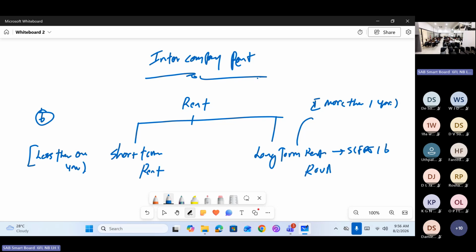For 6 months, rent expense may be 500,000. This 500,000, one company has recorded as expense, the other company has recorded as income. It's like a service income. We need to eliminate both income and expense. Straightforward, right? No worries about this.